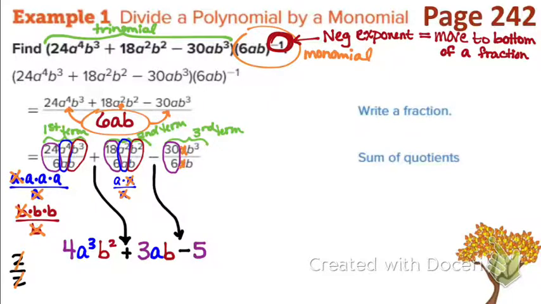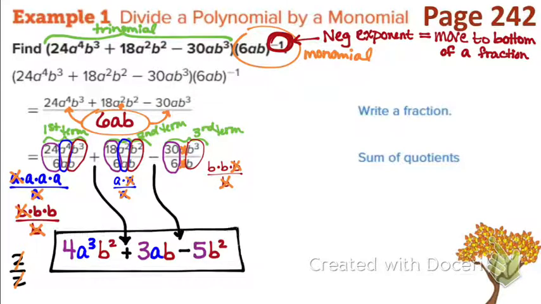I only have 1 on top and 1 on bottom. And then with the b's, I have 3 on the top and 1 on the bottom. So what's going to happen? One of them cancels out, and so I have what as part of this term then? B squared. That is my final answer.